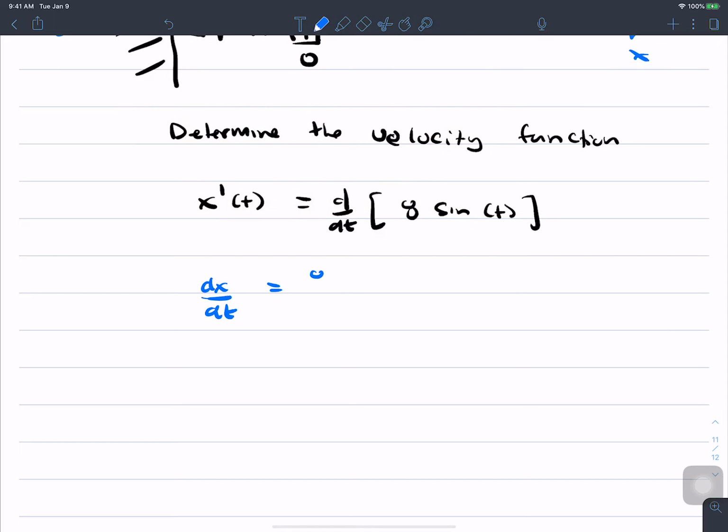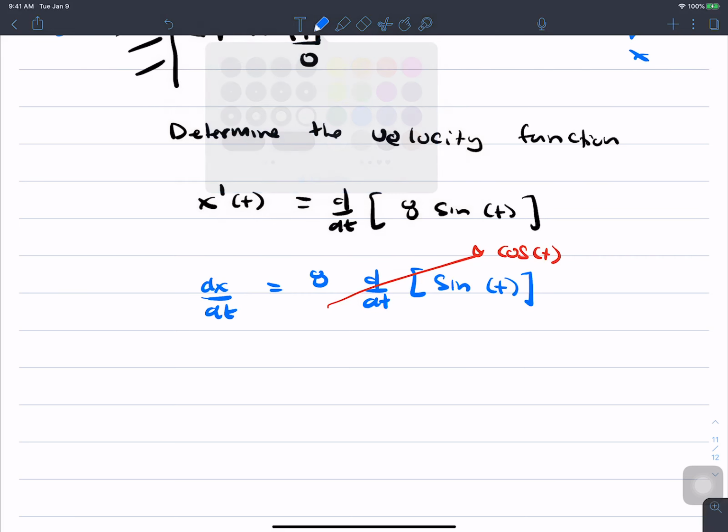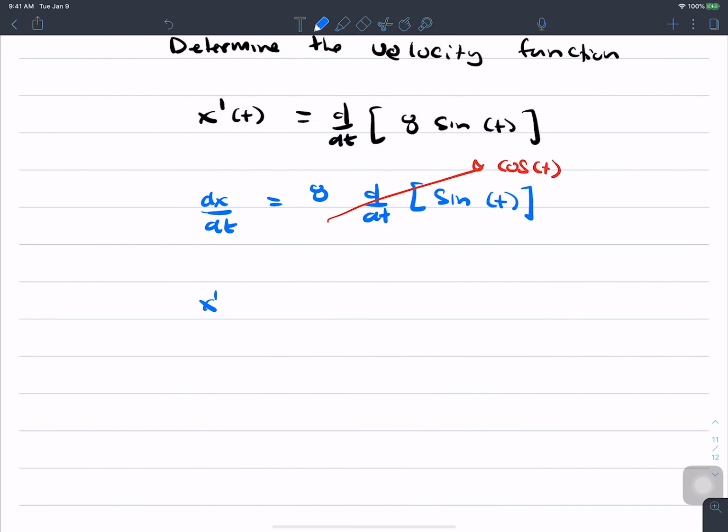So use properties, pull out the constant 8. Derivative of sine here, ladies and gentlemen, is cosine. So that x prime of t, or dx/dt, is 8 cosine t. There we go.